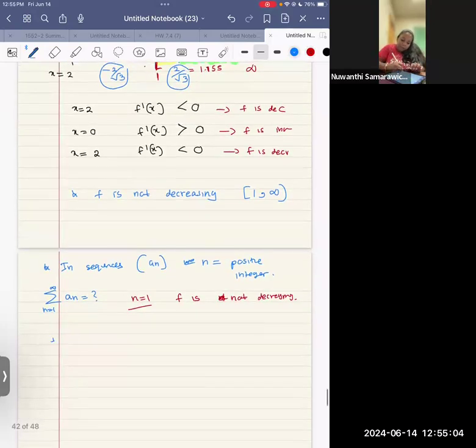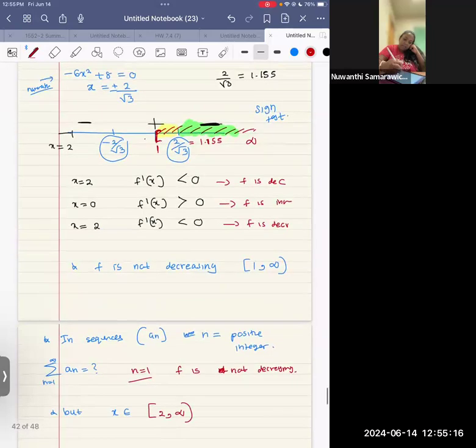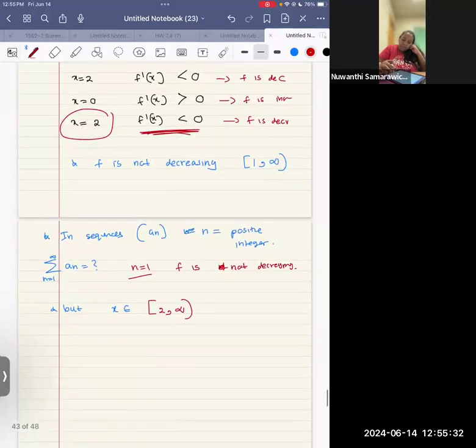But when x is in this interval, that is 2 to infinity, then we get a decreasing function, right? Because here, when x is equal to 2, the first derivative is negative, so f is decreasing in this part.